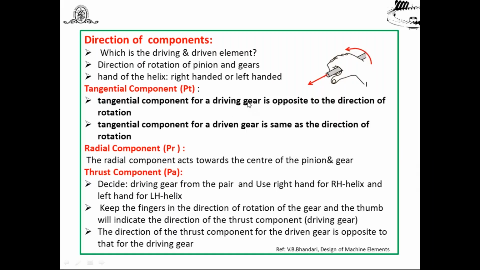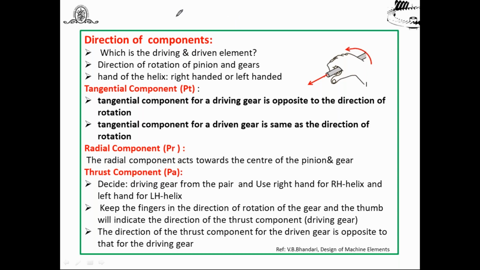Before deciding the direction of the components, first recall that in spur gear, the pinion rotates clockwise. For the gear, PT acts in the opposite direction, and for the driven gear, in the same direction. The PR radial force acts towards the center of the pinion, and the radial force acts towards the center of the gear.